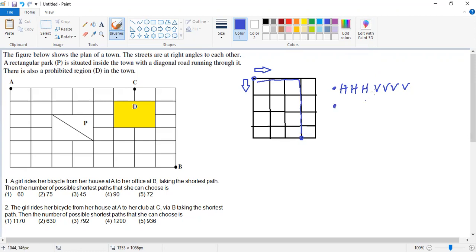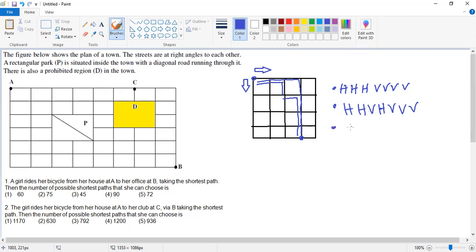If I change a V and an H, for example here, then I'm going 2 horizontal, then a vertical, then a horizontal, and then 3 vertical. This is another route that I've got.